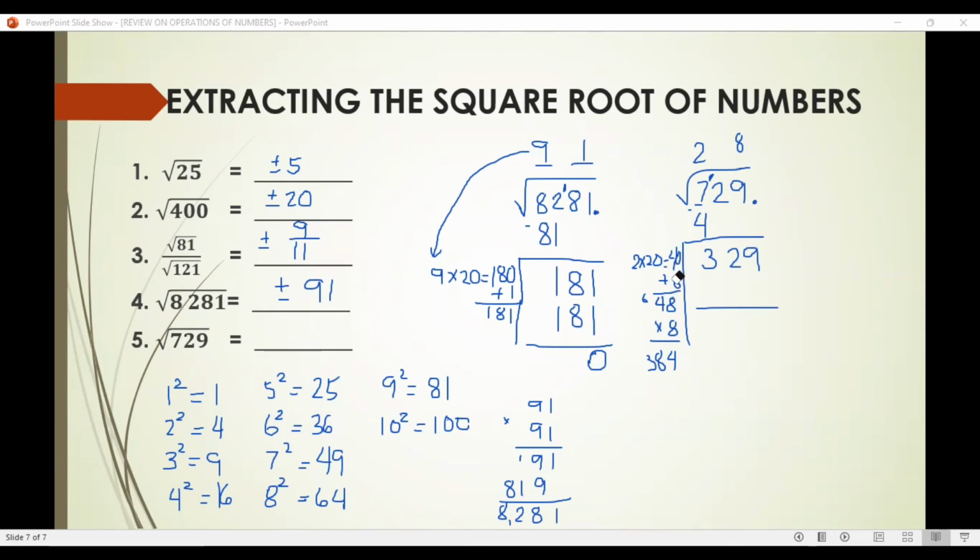But we cannot simply have the 8, because after dividing, you need to add, and whatever the result, that is the multiplier that we are getting. So there is an adjustment that should be done. We cannot have 8. So the number that we are getting is lower than 8, so 7.